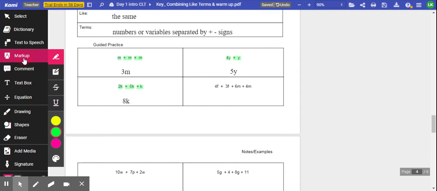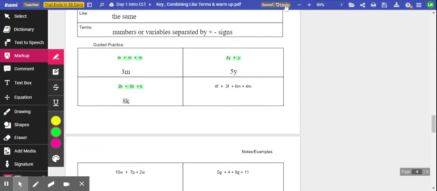Let's check out here. All right, so I'm looking. I have 4F plus 3F plus 6M plus 4M. Do they all have the same variables? No, this time they don't. So I can only combine what did I just do? I wish there was an undo button. There is.